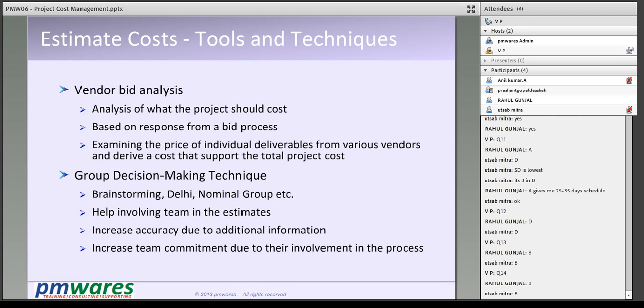How much will it cost? So they float a tender for a request for information or request for proposal, and they get the proposals from various vendors. Now they analyze the approach and the cost of each vendor.